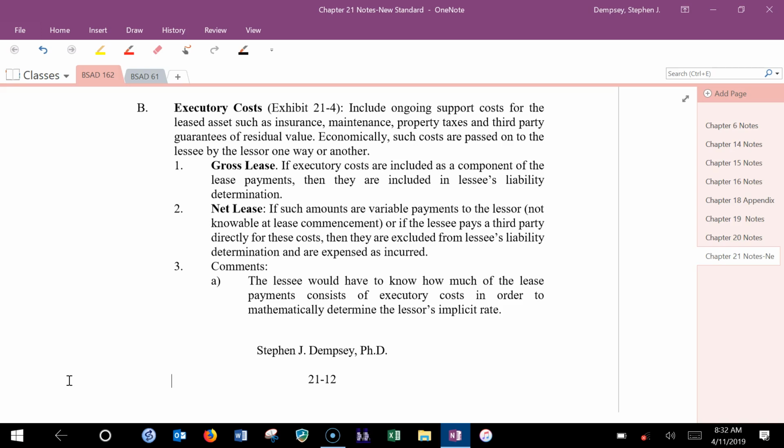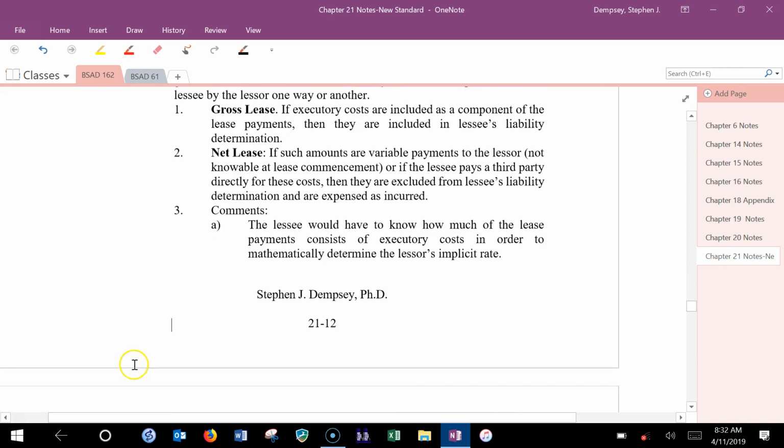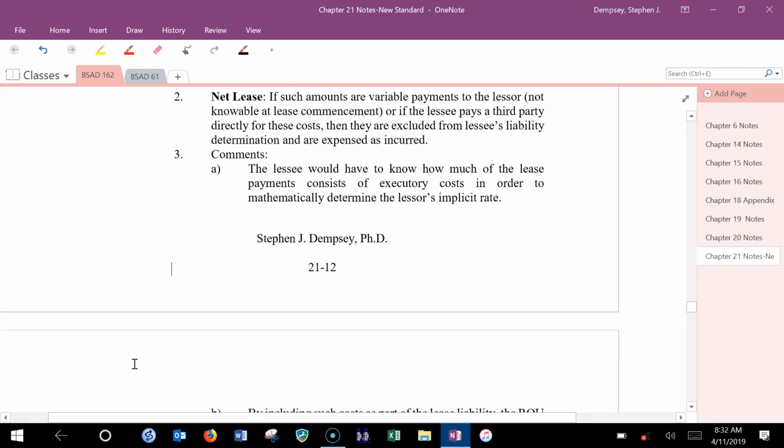So there are a couple things here, comments that I make. First, the lessee would have to know, and we talked about this, it might have been a subtle point that you missed, how much of the lease payments, if any, are covering executory costs if the lessee were to try to determine the implicit interest rate.